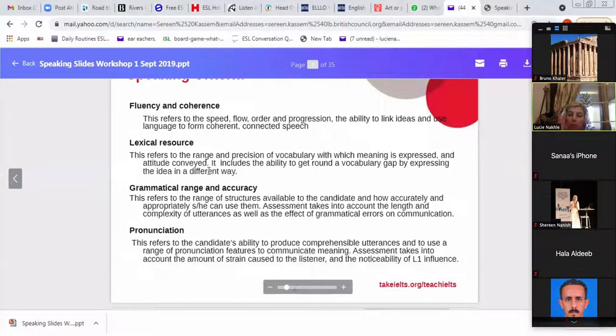So these are the 4 items that the examiner looks at when they are listening to you. So you are graded individually on these, and then the whole grade is put together. Okay? Do you have any questions, guys?